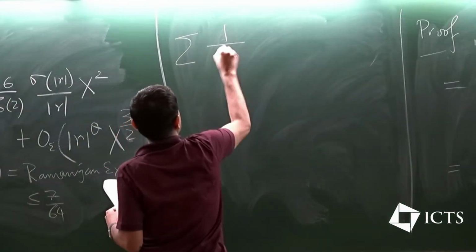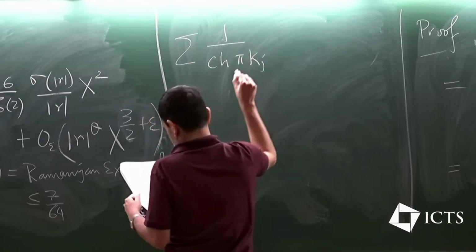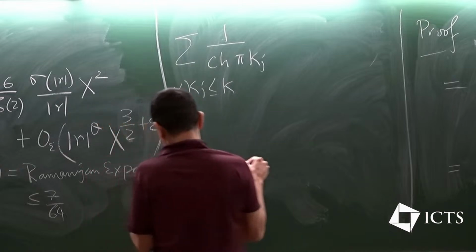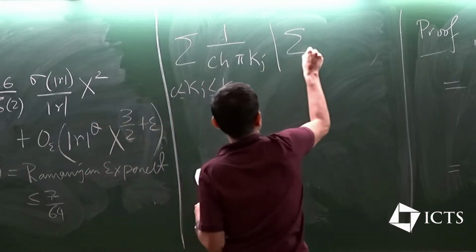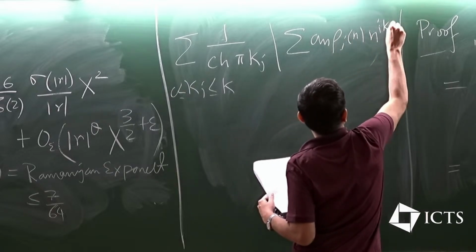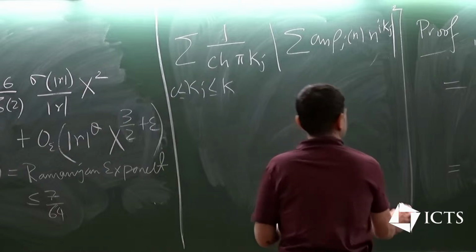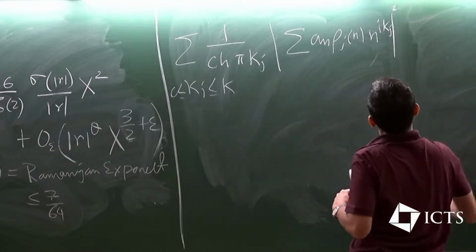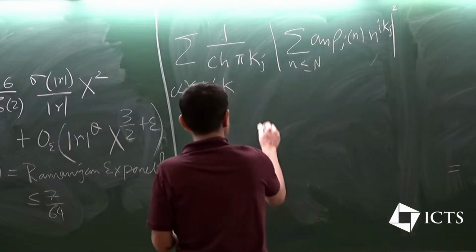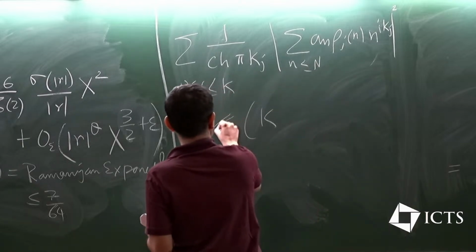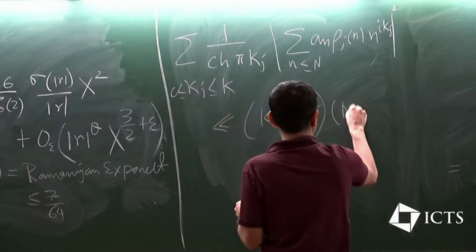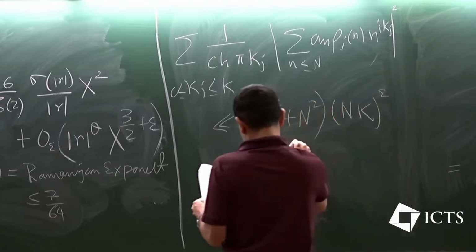So 1 by cosh pi kappa j, up to k, summation a_n rho j n n power i kappa j, squared, then same bound basically: k squared plus n squared, n k to the epsilon, norm of a squared.